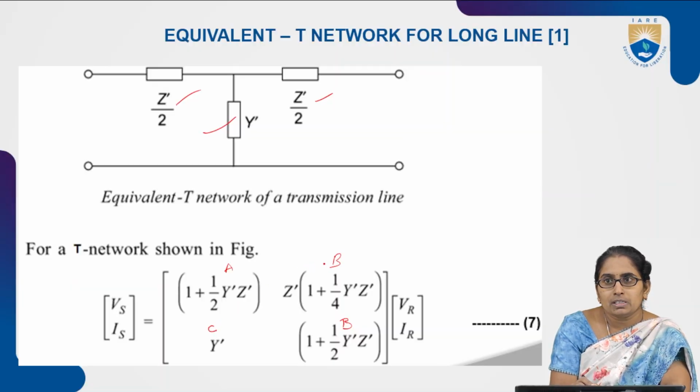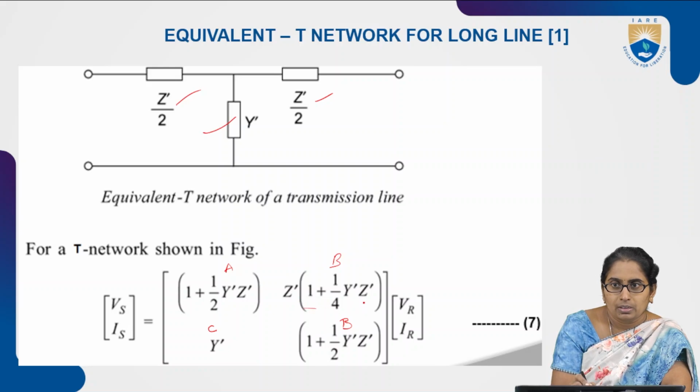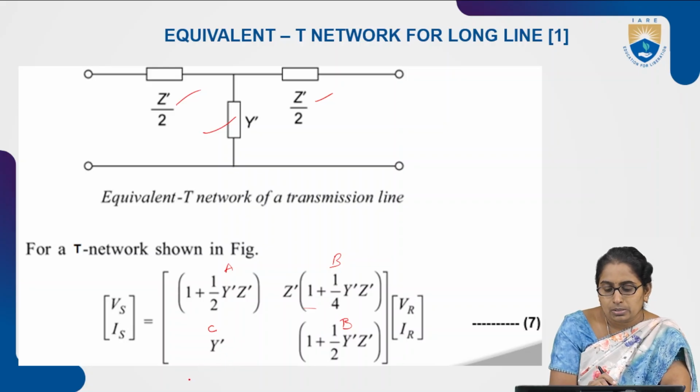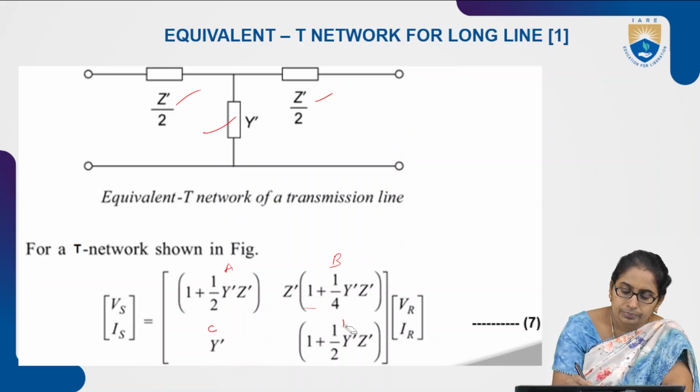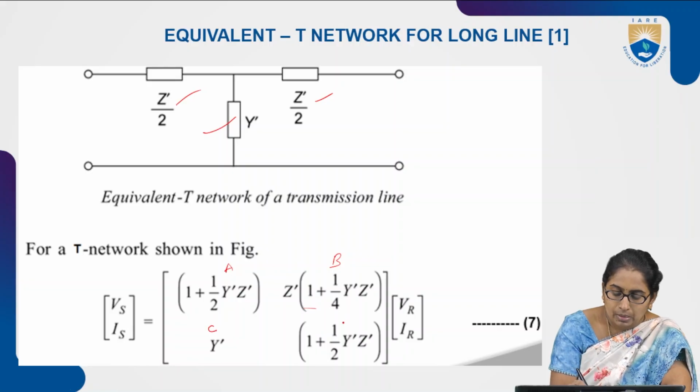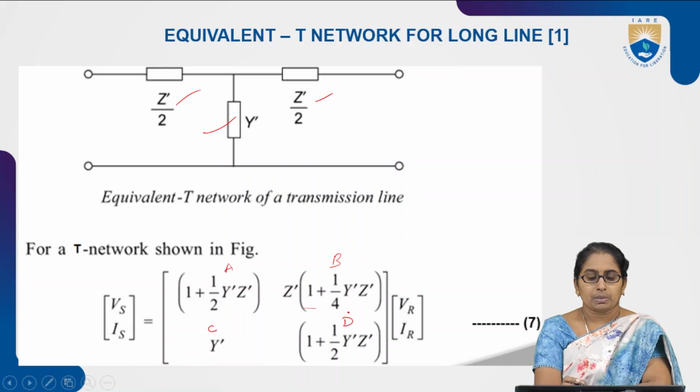Previously B was only Z. Now it is Z into a multiplication factor, Z into 1 plus 1 by 4 YZ, and C is Y. So that is how the T network representation looks.